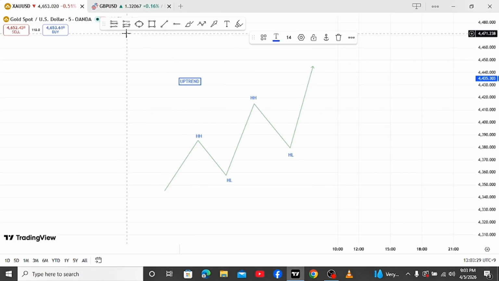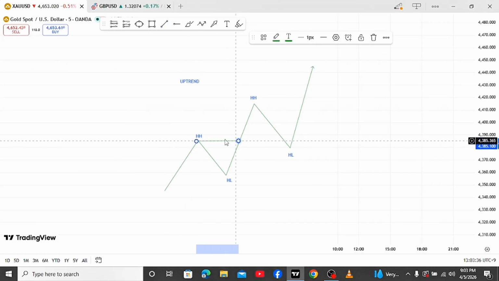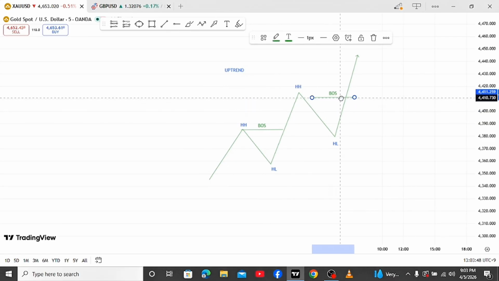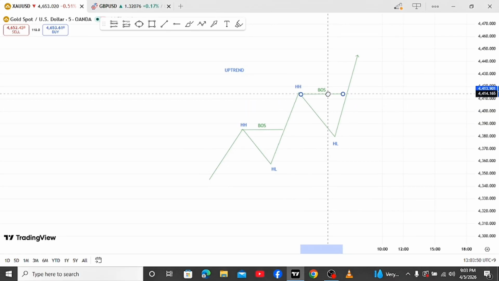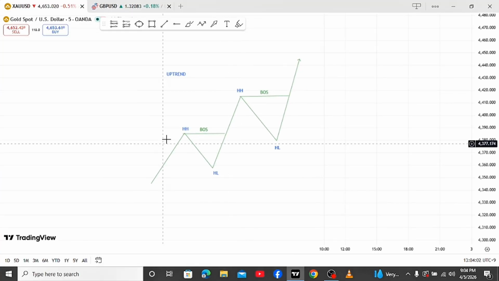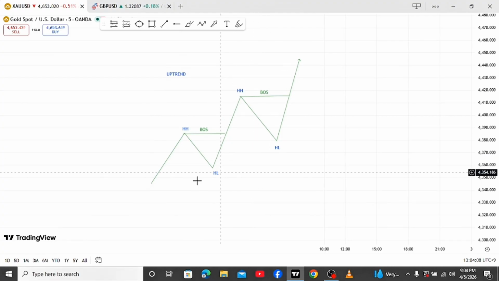And these are your break of structure. These breaks of structure are like confirmation that the market is really going up.